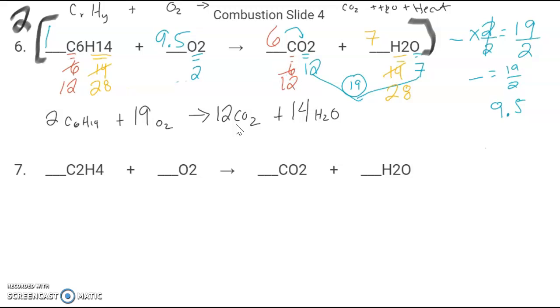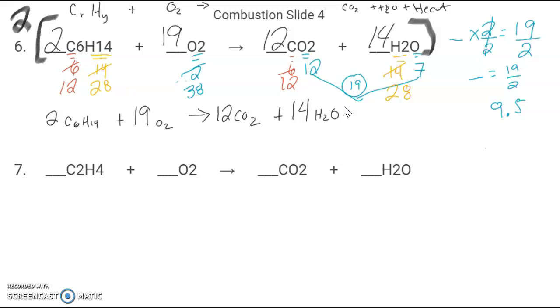Last of all is oxygen. If I have 19 times 2, that's going to be 38. I'm looking down at my final reaction here, and I'll change those coefficients in one moment. So if my coefficients were 2, 19, 12, and 14, my last one for oxygen to balance that out, 19 times 2, that's 38.